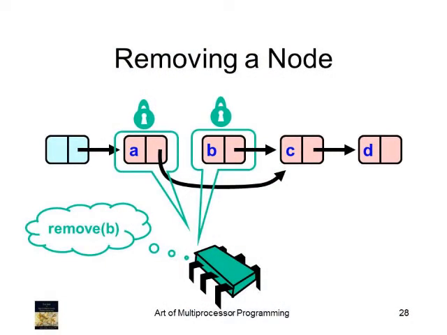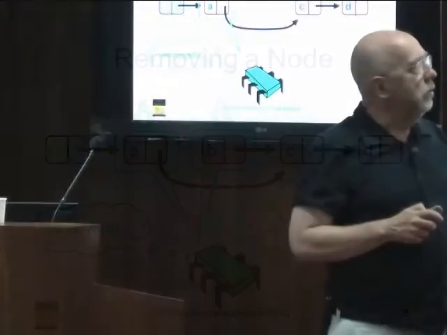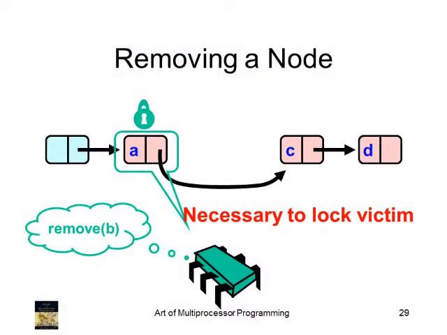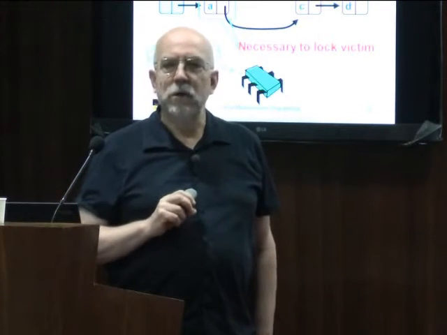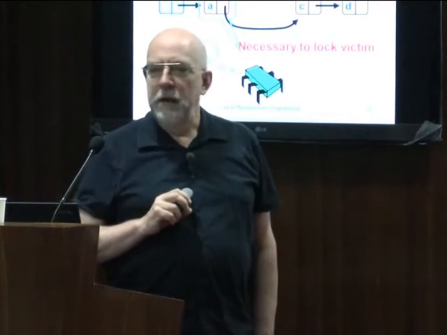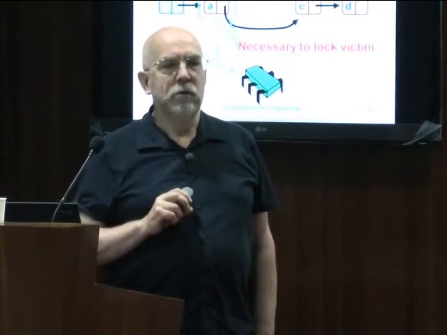As we saw, you have to be very careful. For example, when you're removing a node using hand-over-hand locking, if I'm not going to actually modify a node, there's no reason to lock it. But in fact, you do need to do this.